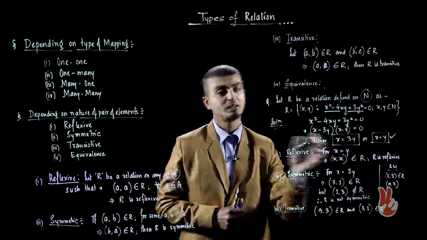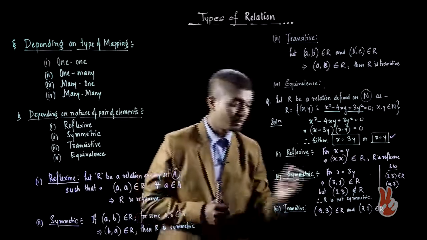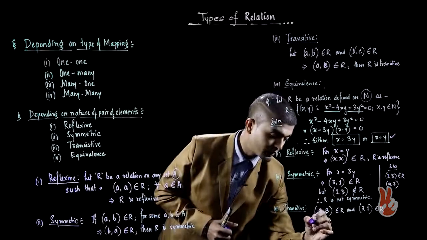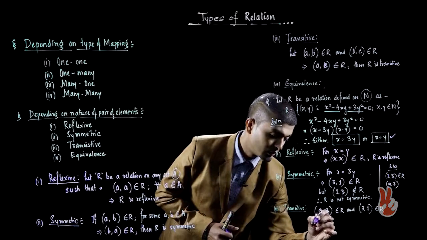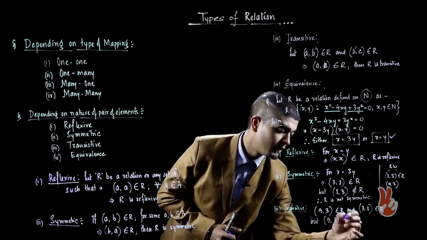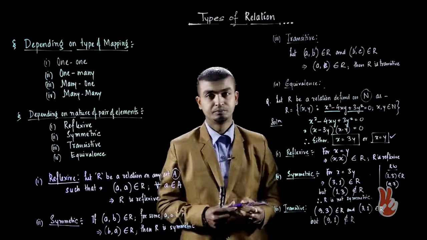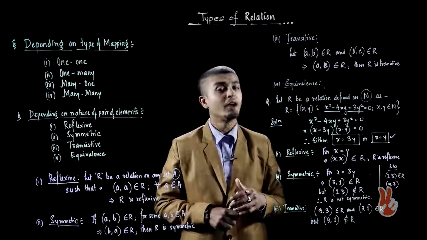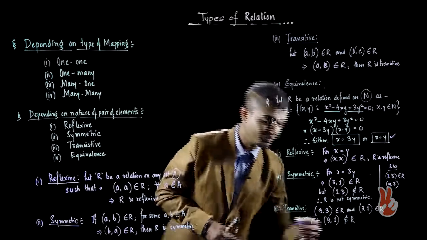So, they obviously belong to the relation R, but if you use your rough work, you will find that (9, 1) does not belong to R. That means the pair formed by the outer two elements does not belong to R, therefore, R is not transitive.